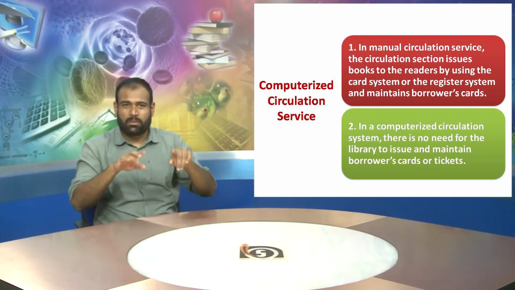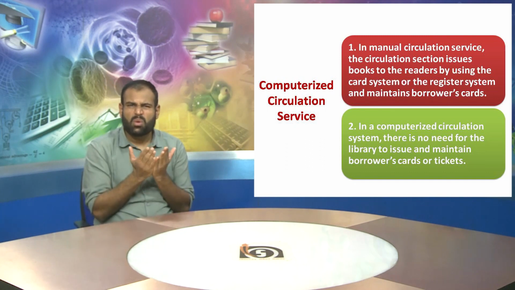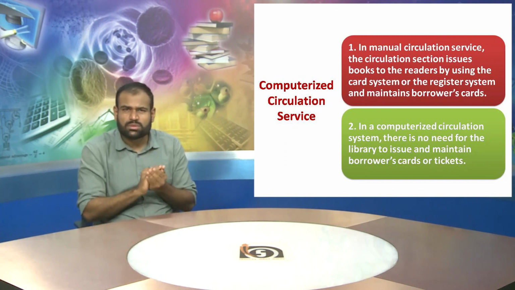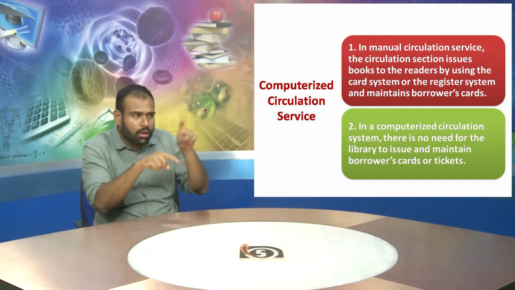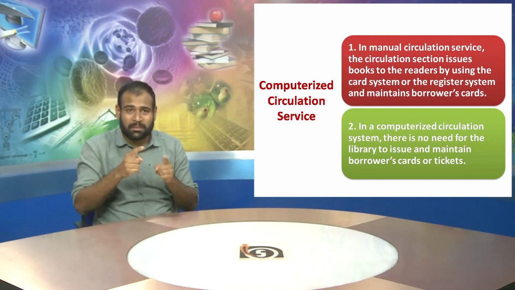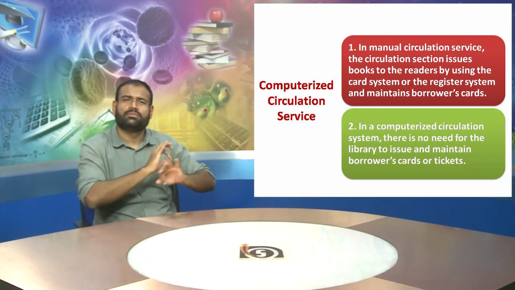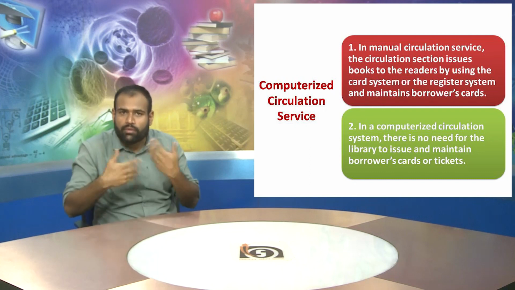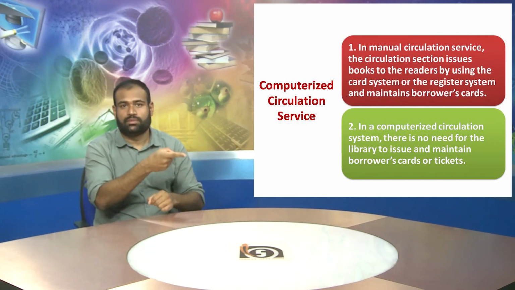Now, computerized circulation service. In manual circulation service, the circulation section issues books to the reader by using the card system or the register system, and they maintain a borrower's card. So in a computerized circulation system, there is no need for the library to issue and maintain a borrower's card or ticket.